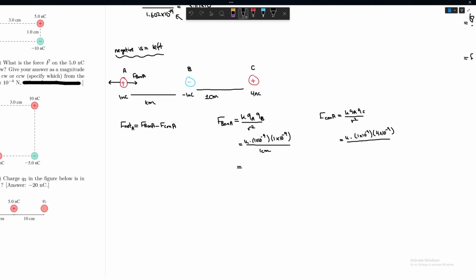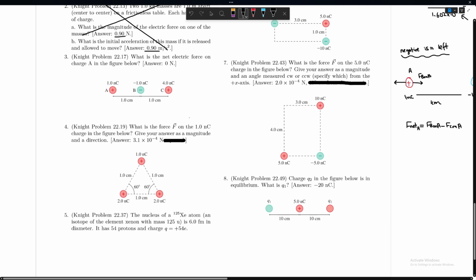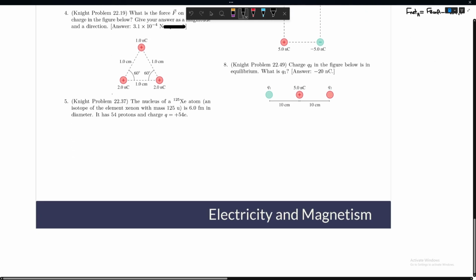From here to here is 2 centimeters, right? And so you'll get two numbers, plug them in, and that would be your F net. All right. And so what is the net electric force on charge A? He got 0. See if you guys can also get 0 here.